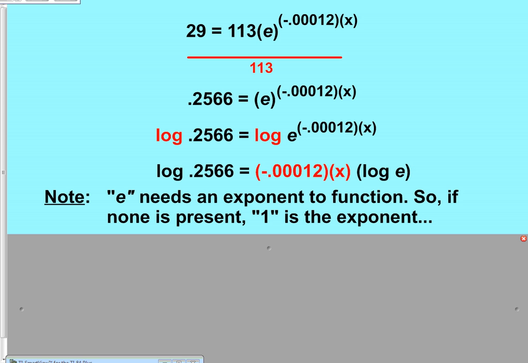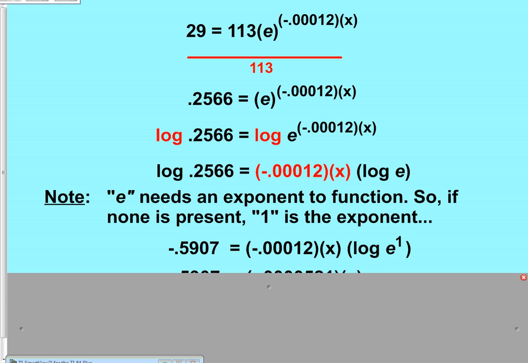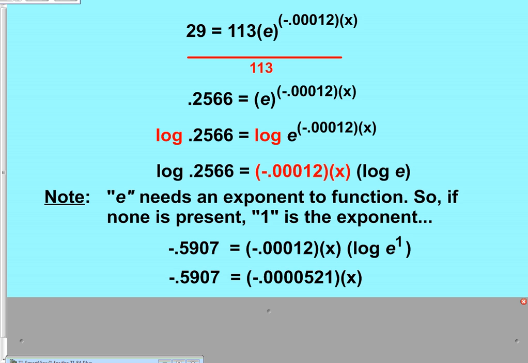On this problem, there is no exponent written on e, but remember that there's always an exponent, even if one is not written, so it should be a 1. So adjusting the problem just slightly, put a 1 on the e, and log of 0.2566 on the left is negative 0.5907.